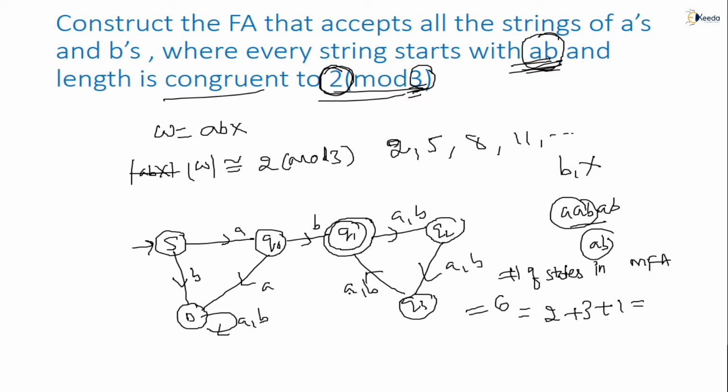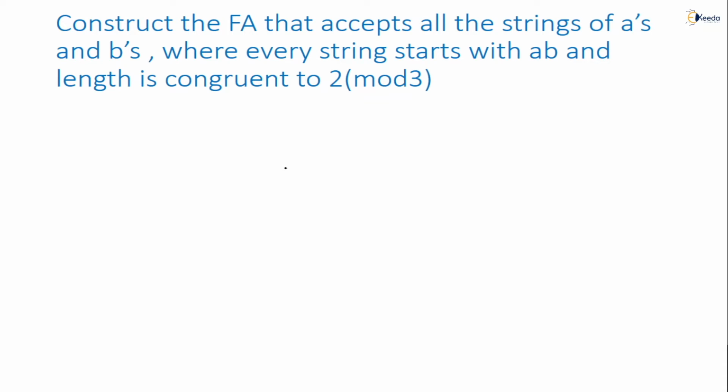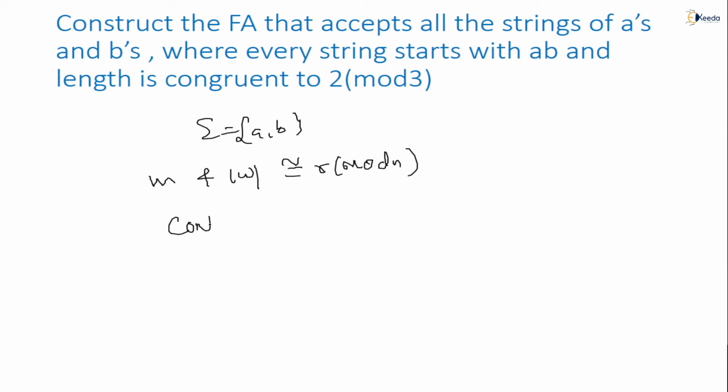Look, all of you. Suppose W is over the alphabet A comma B, the string starts with a substring of length m, and the length of the string is congruent to R modulo n. Then the FA contains m plus n plus 1 states.